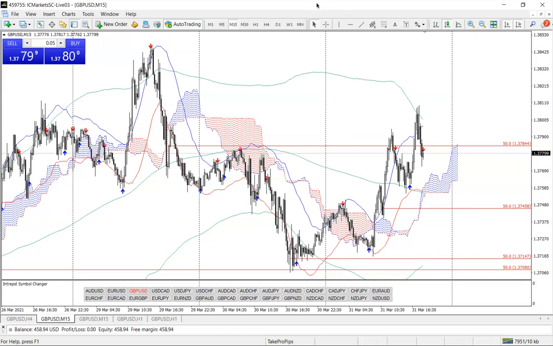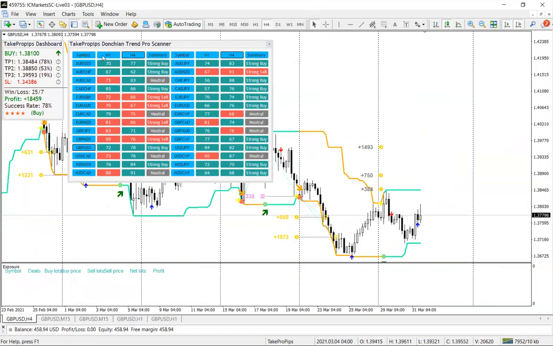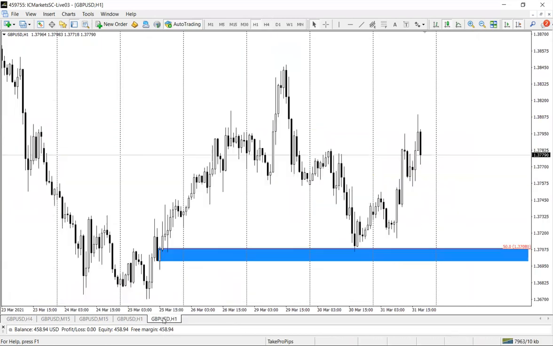Okay. So I first use the Take Pro Pips Donchian Trend Pro Scanner to find trades which have around 80% probability. And then when they retrace, I don't just take it here. I wait for the retracement, which happened, as I explained, to a point of interest. This is where I start to look for a bounce.